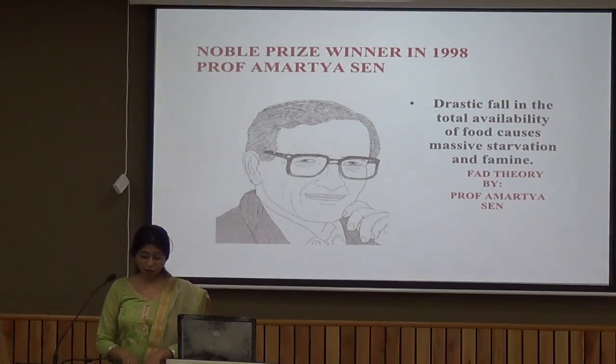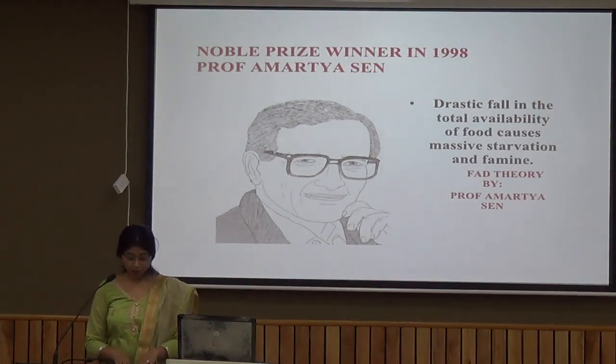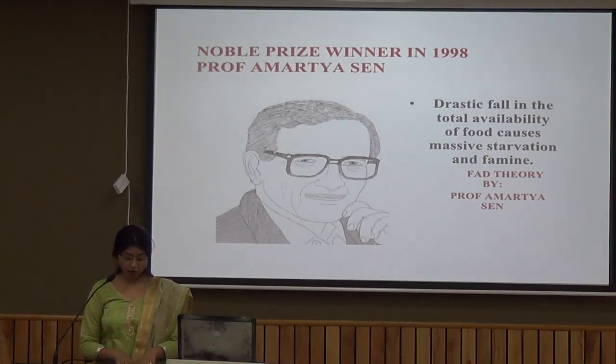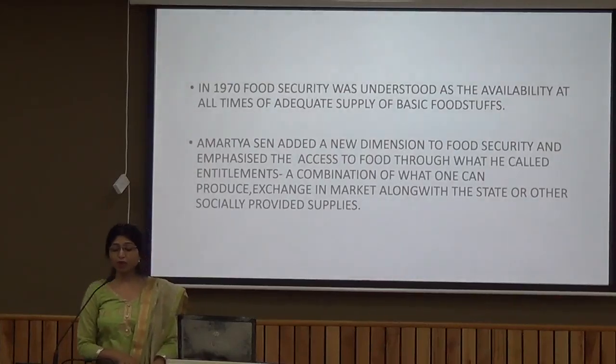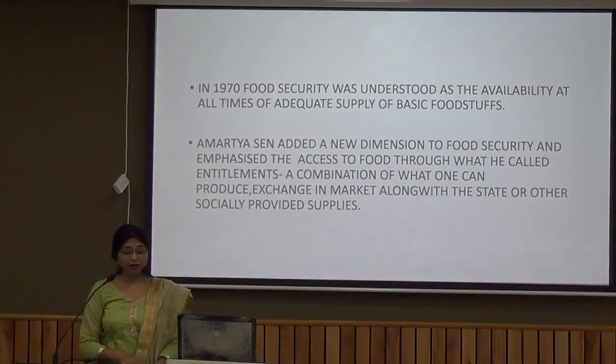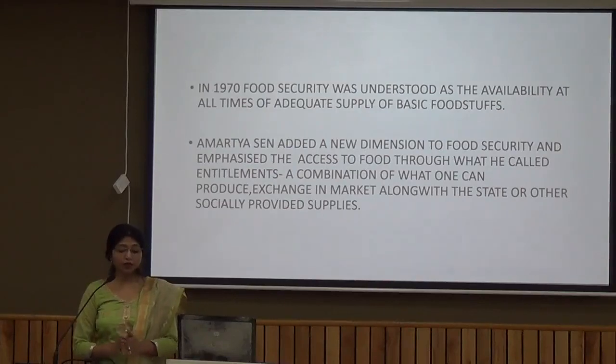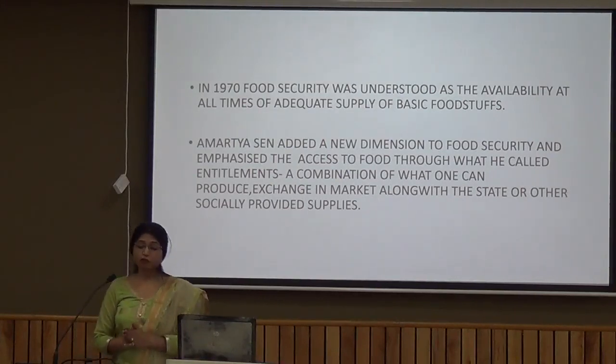Amartya Sen added a new dimension to food security and emphasized access to food through what he called entitlements, a combination of what one can produce, exchange in the market, along with state or other socially provided supplies. In 1970, food security was understood as the availability at all times of an adequate supply of basic foodstuffs.